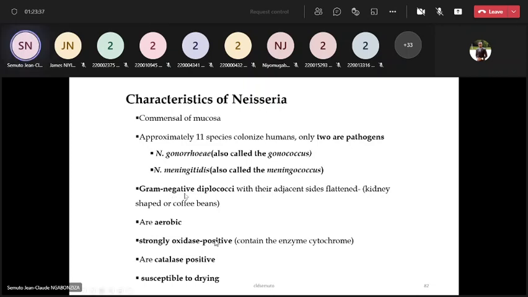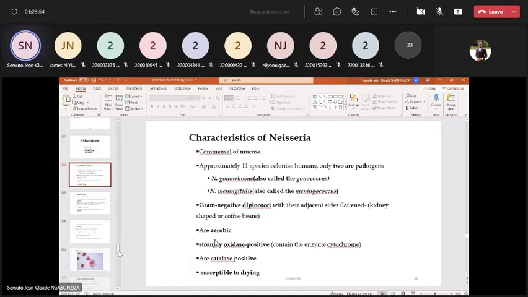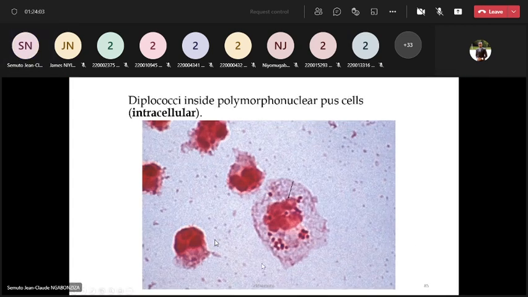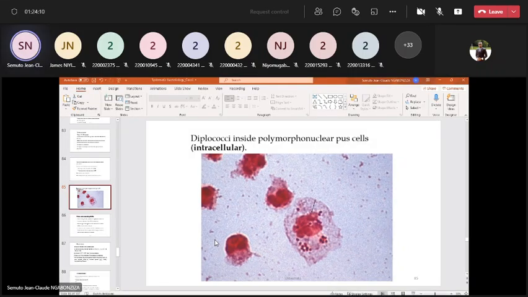They are gram-negative diplococci with their adjacent sides flattened, like coffee beans. Showing the image would make it easier.